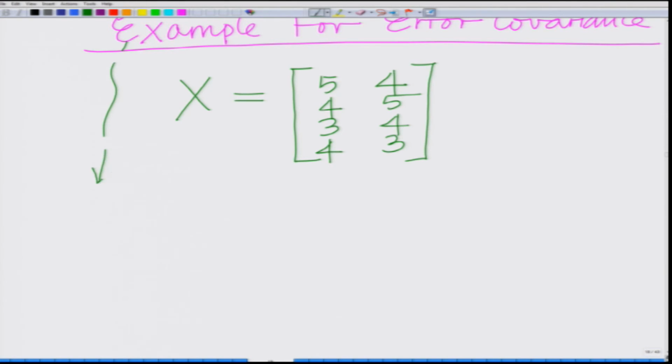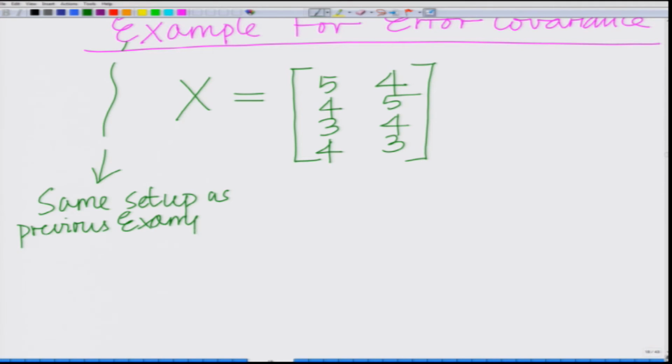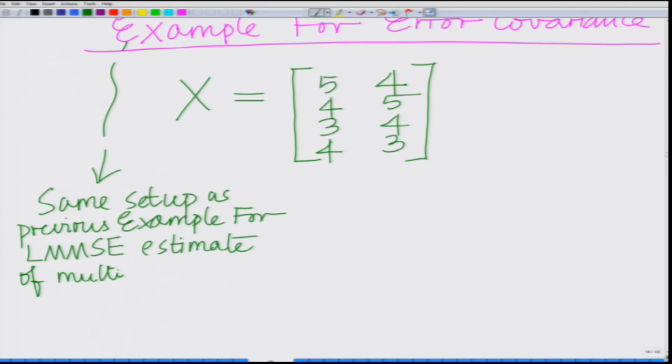Basically this is the same setup as the previous example for the LMMSE estimate of the multi antenna channel.